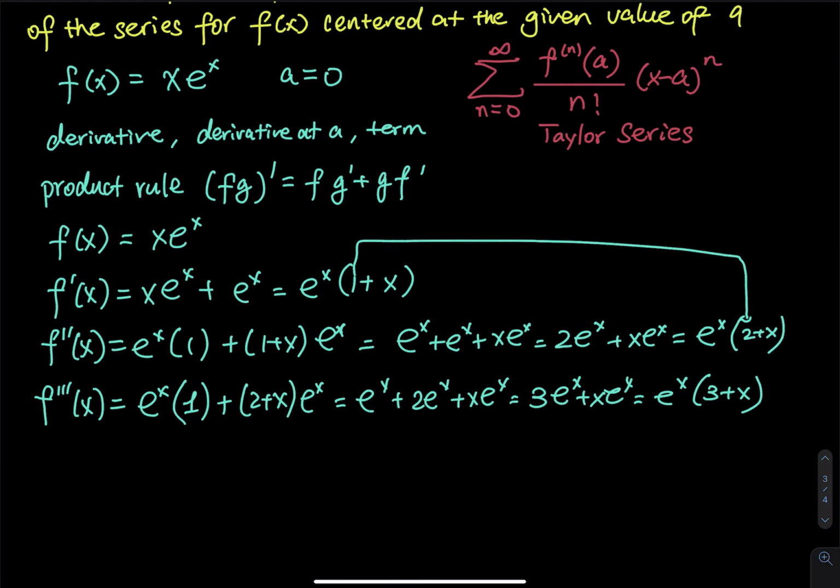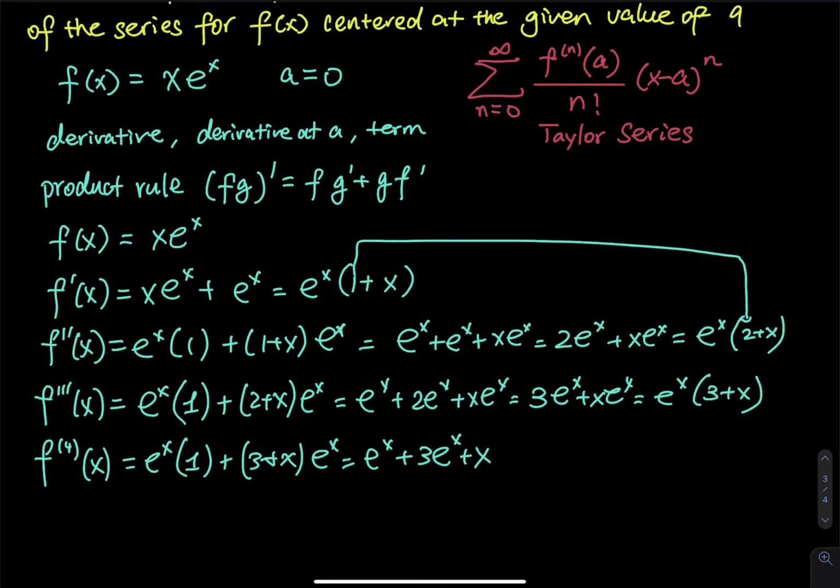So the fourth prime, I expect to get 4 plus x. That is e to the x, the derivative of the parenthesis is 1, plus (3 plus x) times the derivative of e to the x, still itself. Open up everything: e to the x plus 3e to the x plus x e to the x. So that is 4e to the x plus x e to the x.